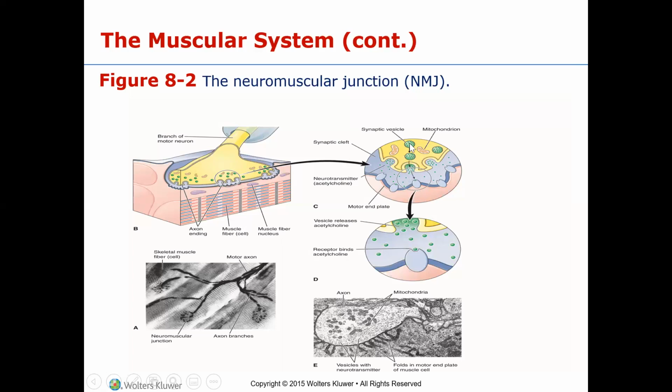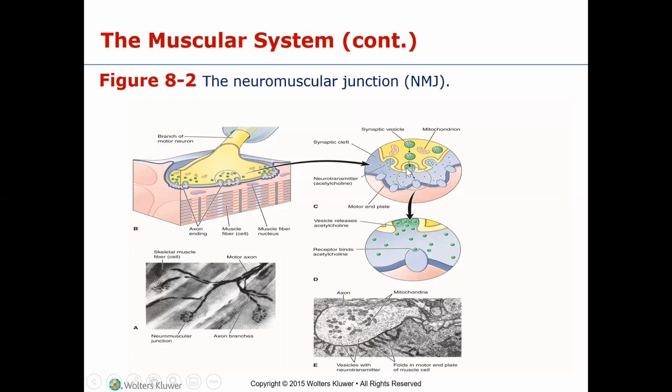So if you note and if you remember back, I think it was in chapter 3 where we talked about exocytosis. Well, these vesicles have the substances that are necessary for starting a muscle contraction. And these vesicles have that chemical which is known as acetylcholine.